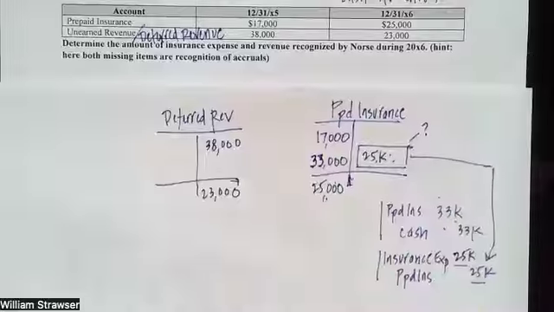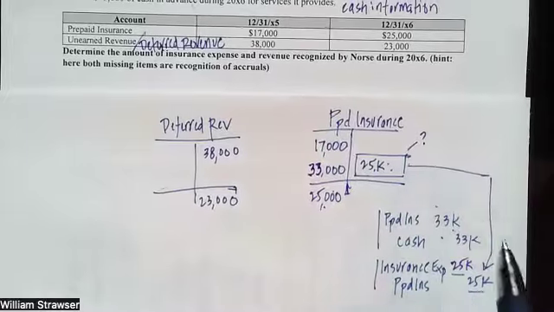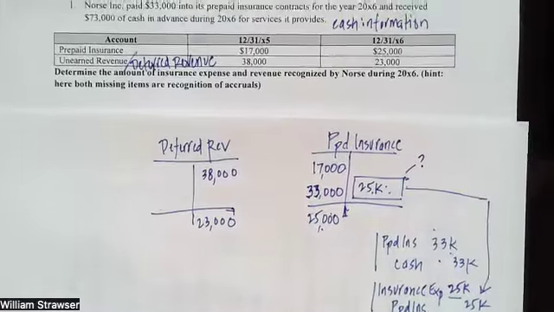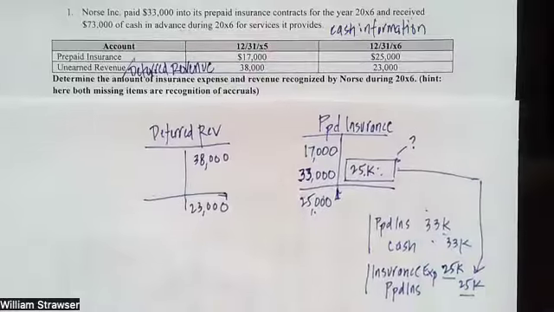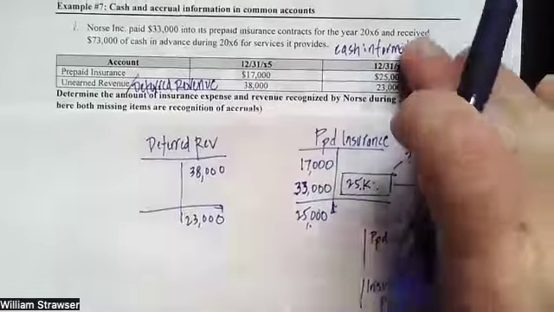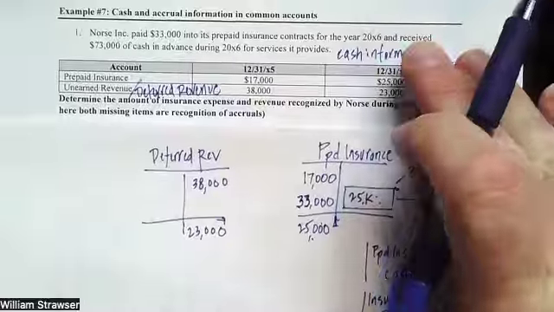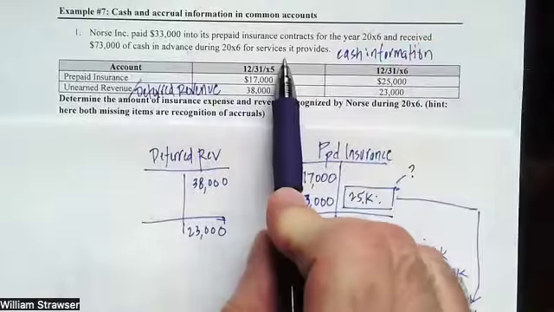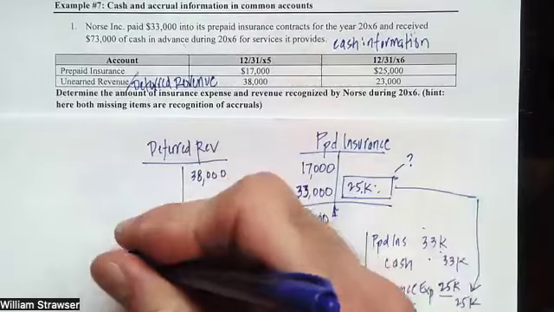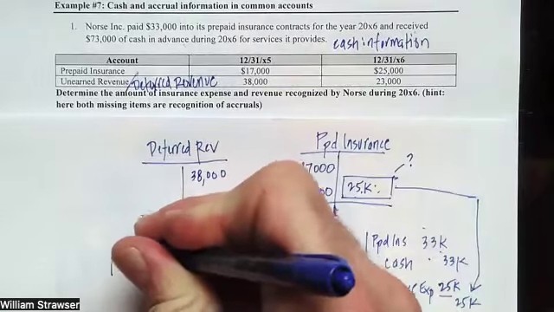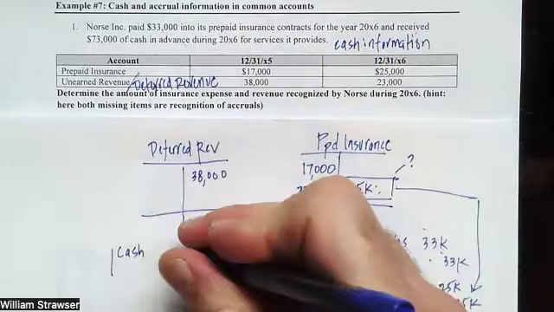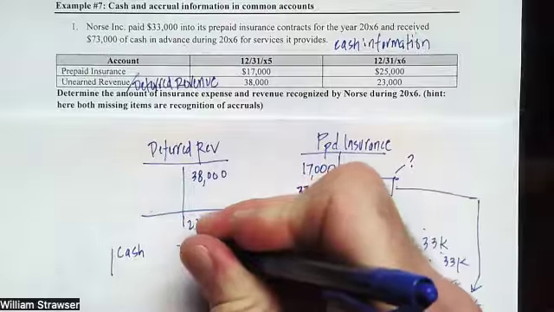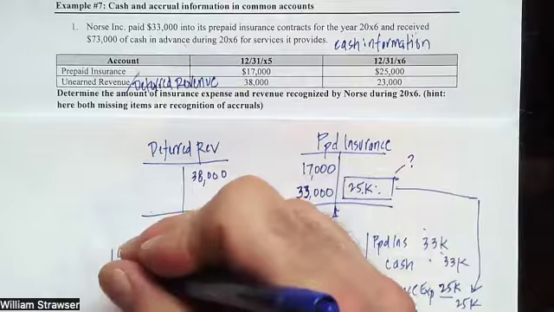Let's look at deferred revenue. Same idea. We're just working with a liability, a different sort of transaction. When we receive money in advance of services that I provide as a company, then I debit cash because money was received, but I need to credit something.